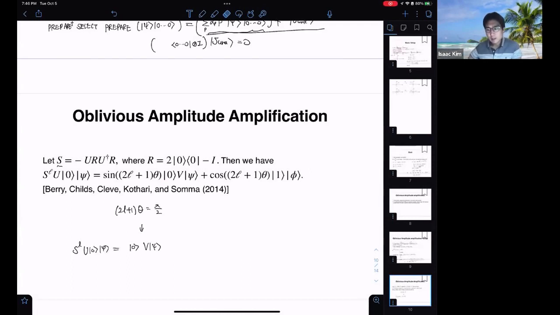And this is why I asked you about this quiz a couple of slides ago. So in the quiz I asked, in the amplitude amplification, we can boost the amplitude, but only if the angle associated to that amplitude is pi over 2 divided by some integer.